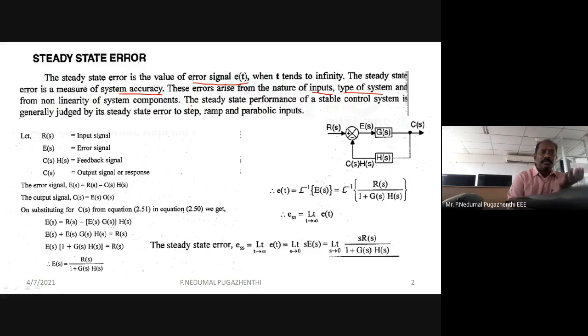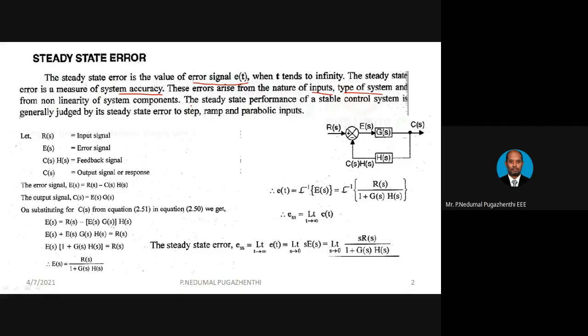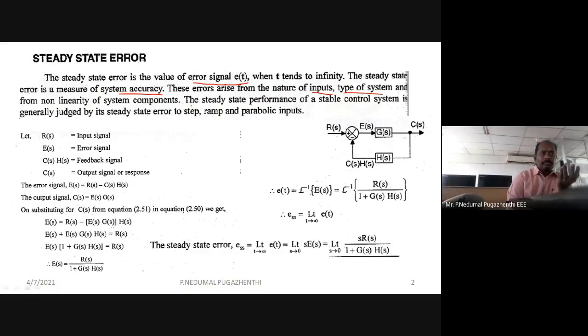In a mechanical system you may have backlash, and in an electromagnetic system there is a probability of a hysteresis error. So the error can change according to the nonlinearities present, the inputs, and the type of the system.